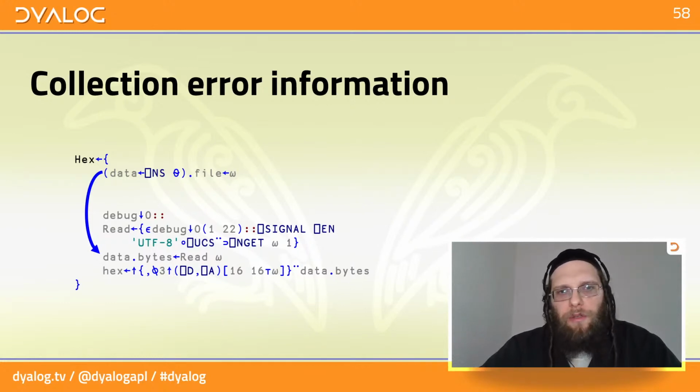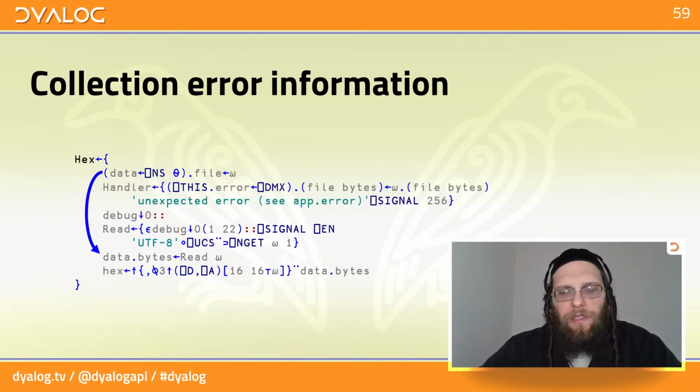So we use this namespace to hold our data. And then we can set up a handler function, and the handler function is then called at the error guard. This is because we need multiple things to happen, and an error guard would otherwise quit immediately.